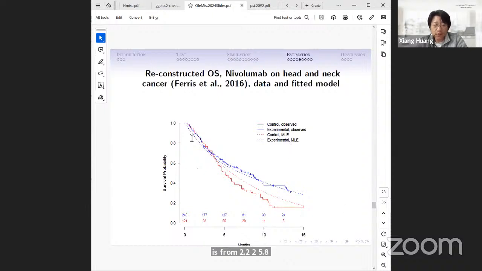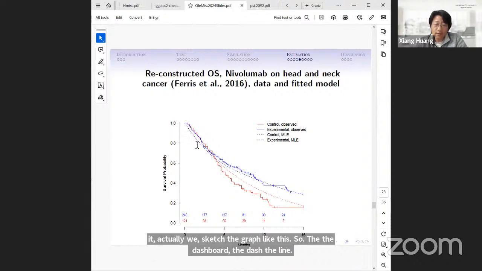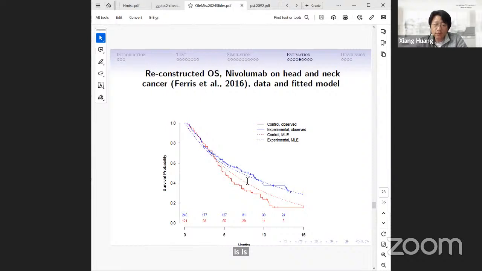We sketch the graph like this. The dashed line uses the MLE to estimate these two groups, the two arms.